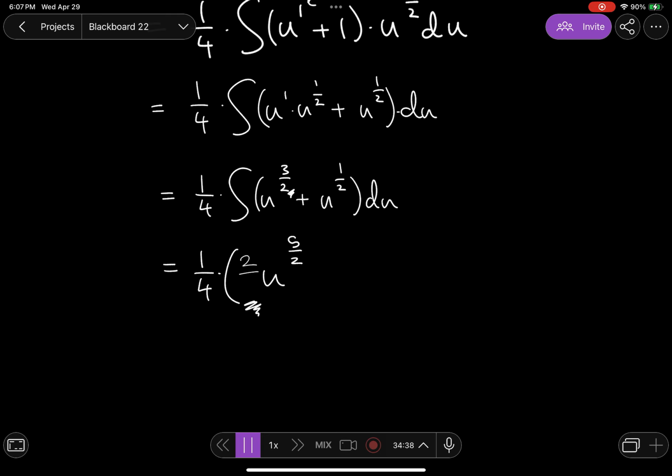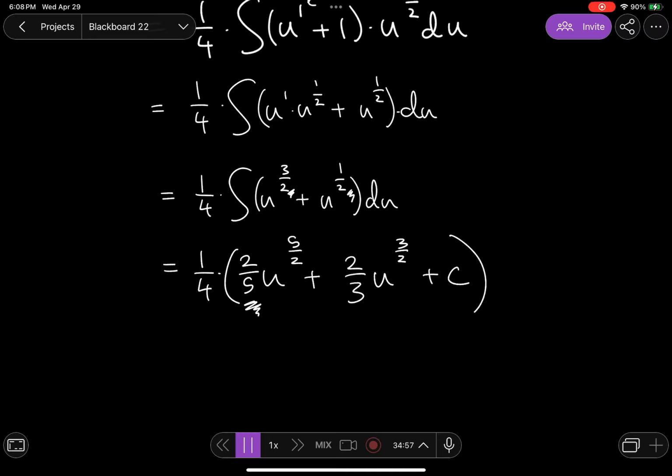And that's, of course, going to be 2/5. You simply flip it upside down. You always just flip this upside down. Same story here. I first add 1 to the exponent. So 1/2 plus 1, that's going to be 3/2. And then, like I said, I just flip this. That's going to be 2/3 I'm going to have to multiply by.